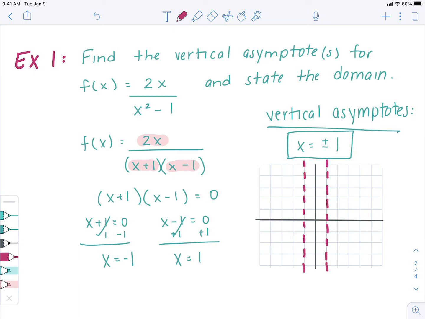So my graph is going to have 3 pieces, because I'm going to have a piece of graph over here, something going on in here, and something going on over here.